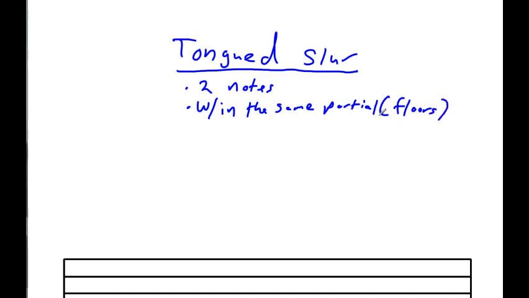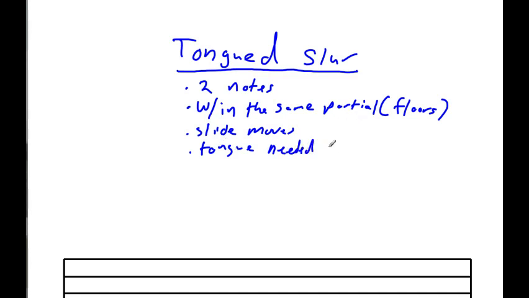So two notes within one of those floors. If you don't tongue it, it's going to be a gliss. So you have to tongue those. Slide moves, tongue needed.